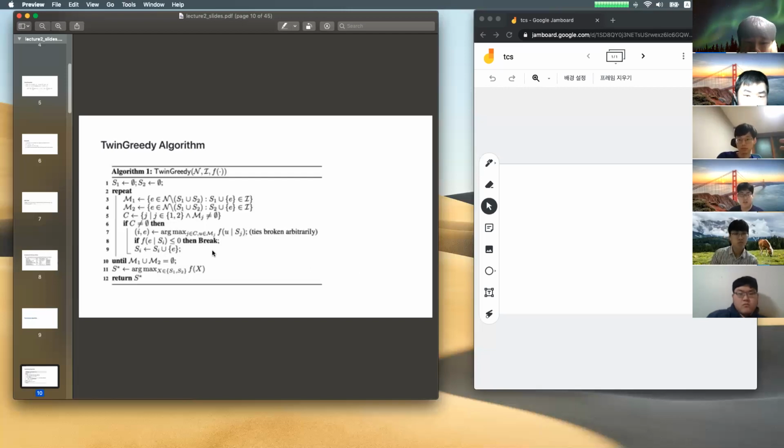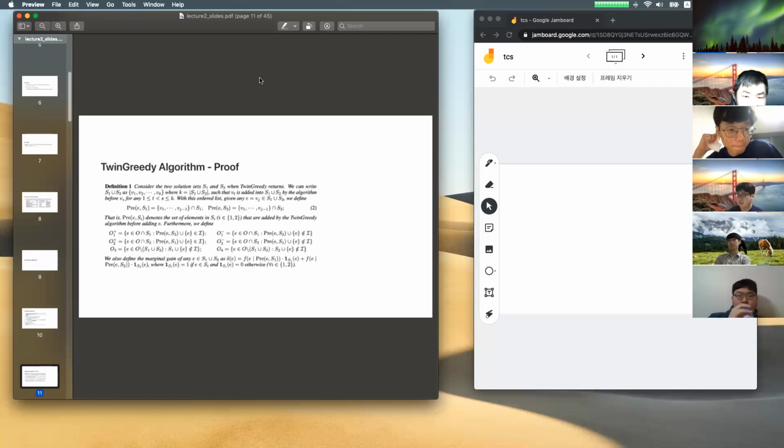Its logic is quite simple, but we will prove that this algorithm guarantees approximation ratio 1/4. The complexity is quite trivially O(nr), assuming the existence of an independence oracle.